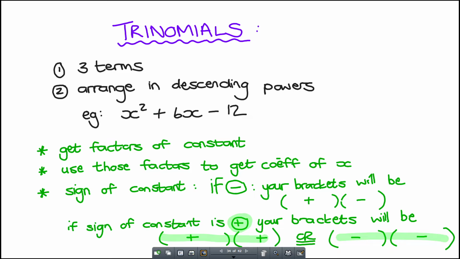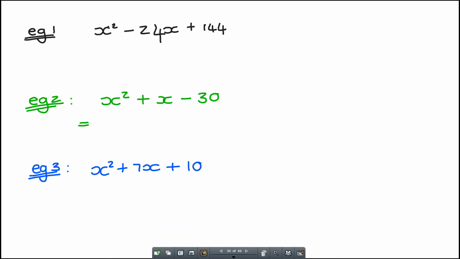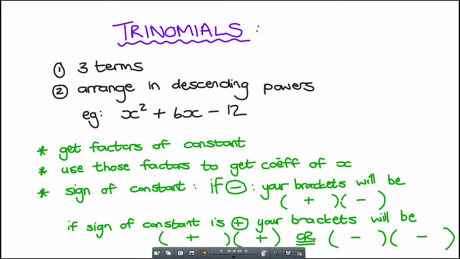Okay, so let's get started. The first example is x squared minus 24x plus 144. Now just now we said, when we get something like that, we will have 2 brackets. And when the sign here is a plus, I'm quickly going to skip back. Have a look right at the bottom of the screen.